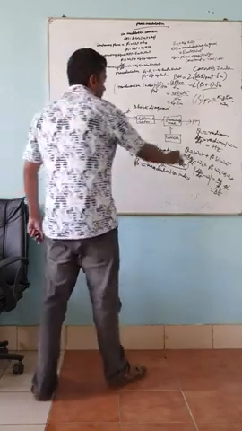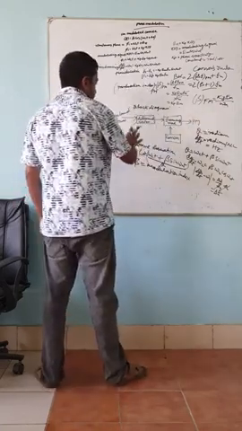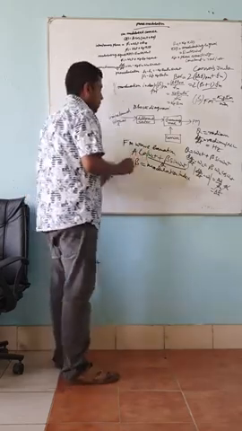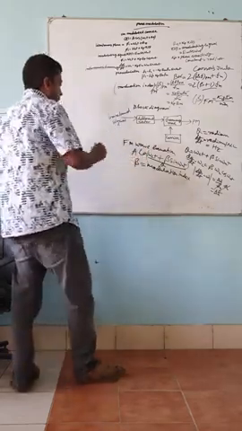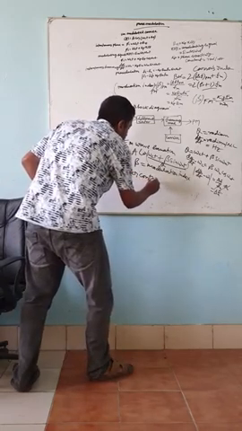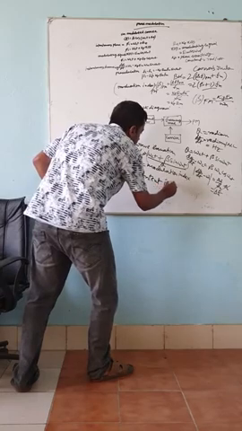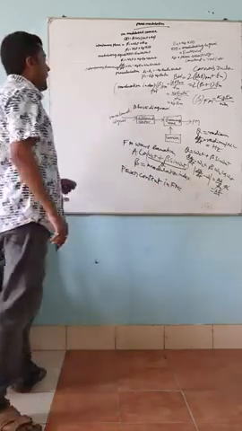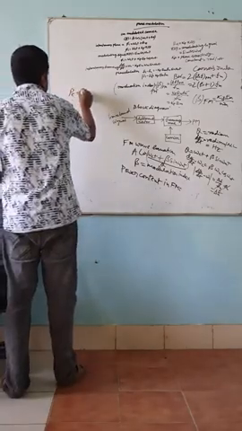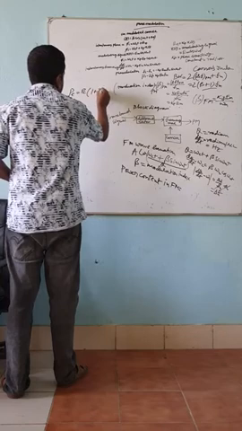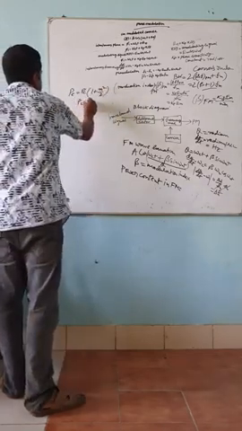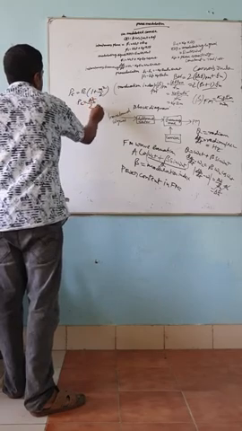And this is the basic wave equation for frequency modulation. Now if you want to calculate the power contained in FM: in amplitude modulation, the basic power formula is Pt equals Pc into 1 plus m square by 2, which means it depends on the modulation index, whereas Pc is the carrier power, Ac square by 2.